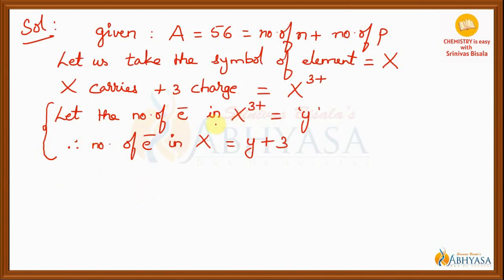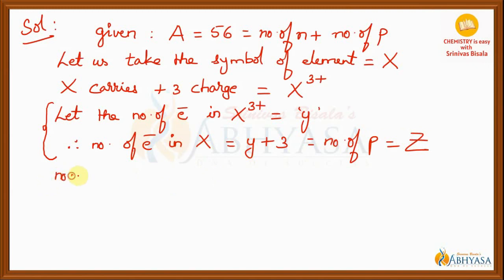Here in plus 3 state, the number of electrons we took as Y. In the original atom of the element, there will be 3 more electrons. So that is the reason why I had written it as Y plus 3. And this is nothing but the number of protons, isn't it? Because the number of electrons in the neutral atom is equal to the number of protons, and that itself is the atomic number.